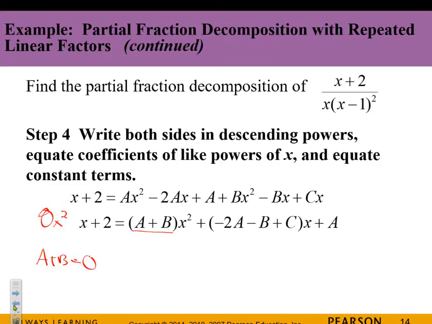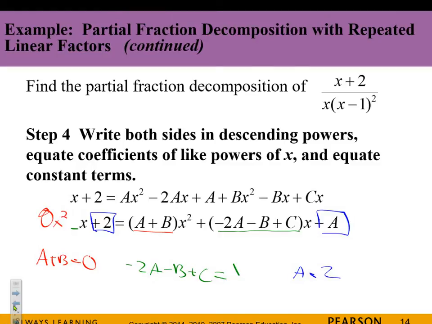Then if I go over to x, what's in front of x? Negative 2a minus b plus c should equal whatever's in front of x on the left side, which happens to be a 1. And then finally, my constant a should equal whatever my constant is over here. Those are equal to each other.